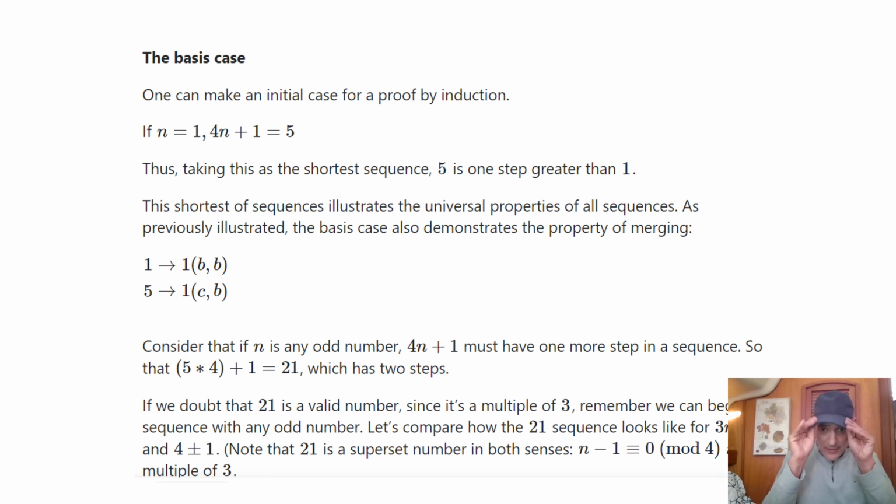And like I said, this is very key to an inductive proof, so that 5 times 4 plus 1 equals 21, which has 2 steps. And then I just mention why 21 as a superset number is a valid number for consideration here, because when you reverse it and start with 21, you get the same result.